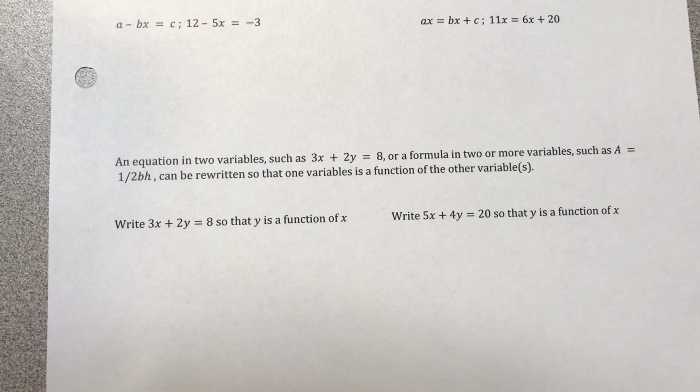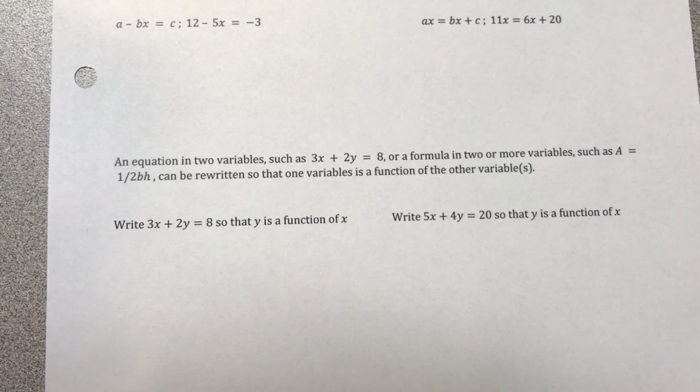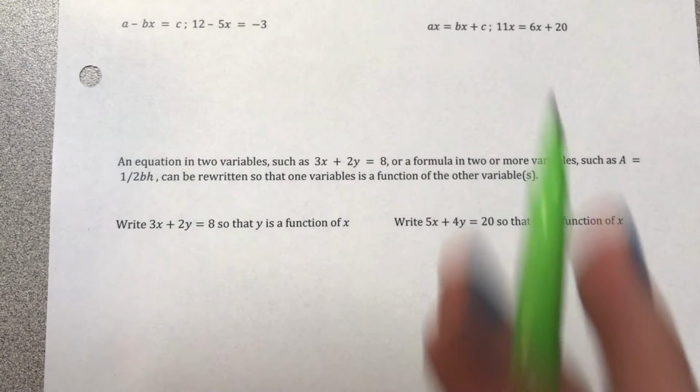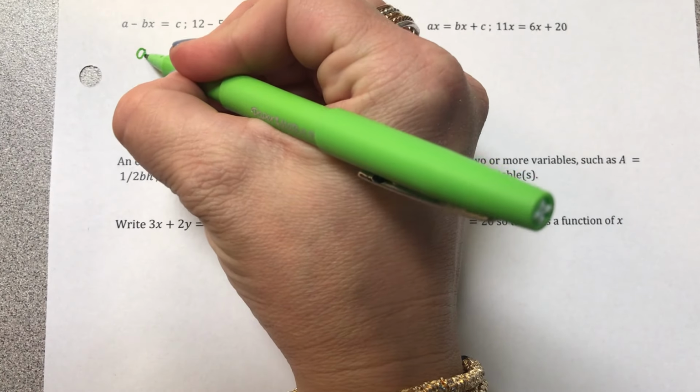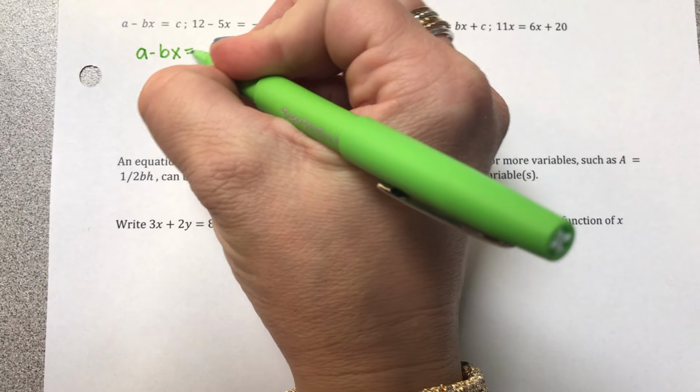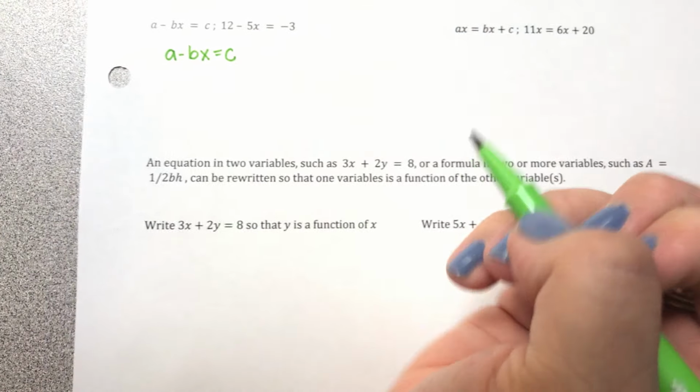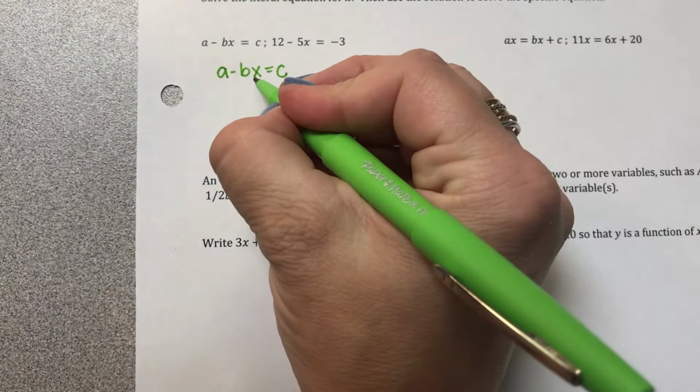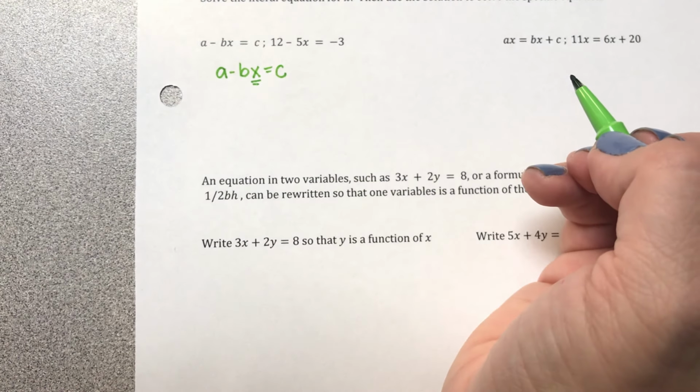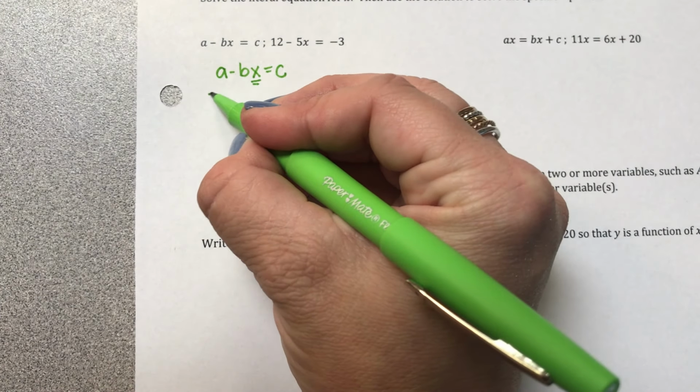Okay, so the next one says solve the literal equation for x, then use that solution to solve the specific equation. So I'm trying to solve a - bx = c for x. So I need to get rid of this a.